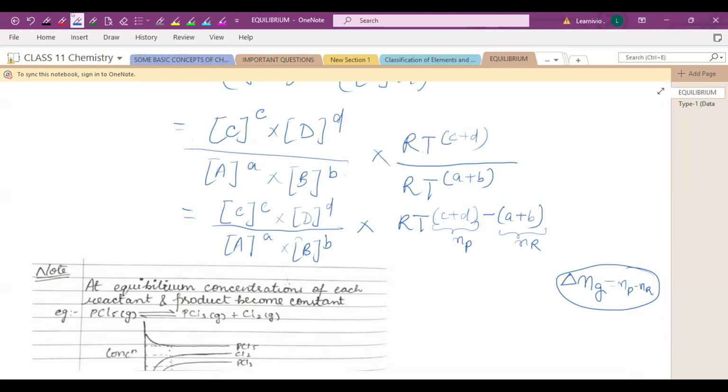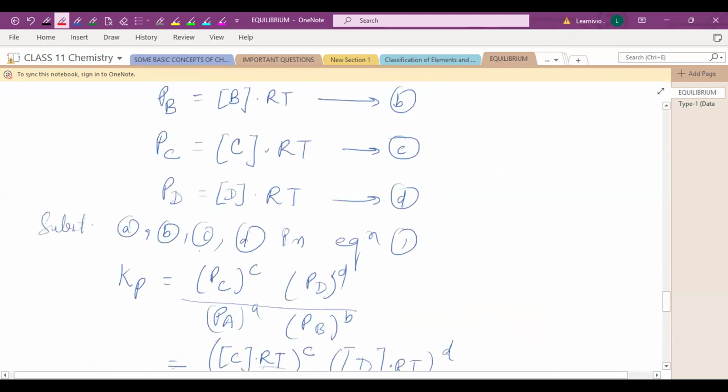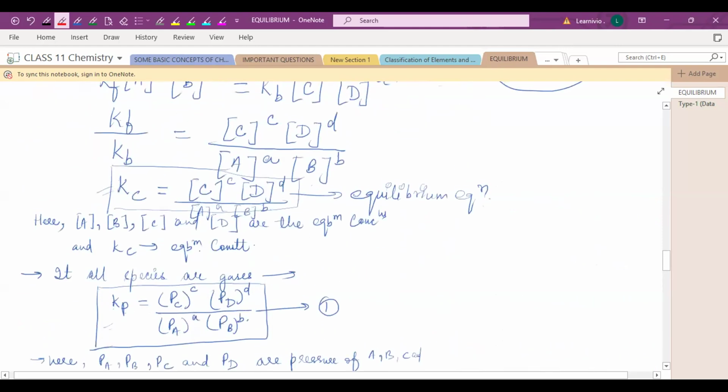Okay, now see this. This equation looks familiar, right? Yes, see concentration. Here you are just seeing the concentration term. See this equation. This is the equilibrium equation. Yes, Zunaira? Do you have any doubt? No, ma'am. So this is the equilibrium equation, right? Kc is equal to concentration of C raised to the power c and so on.